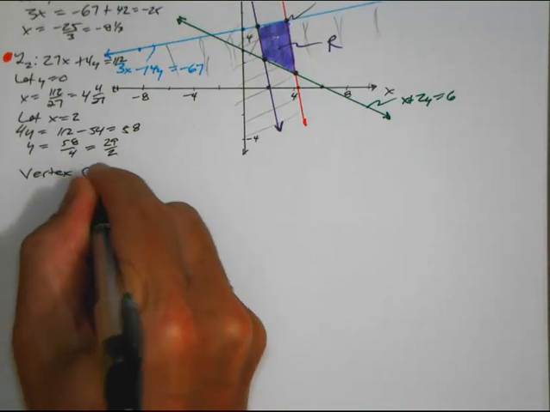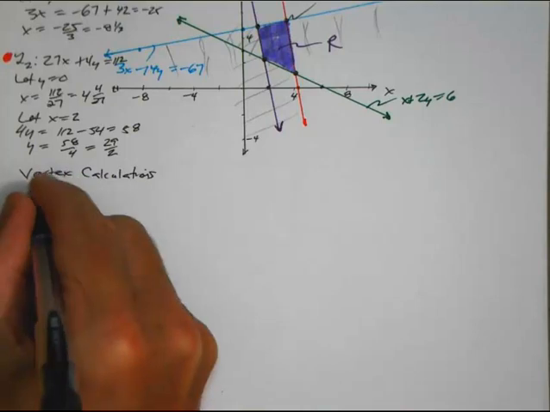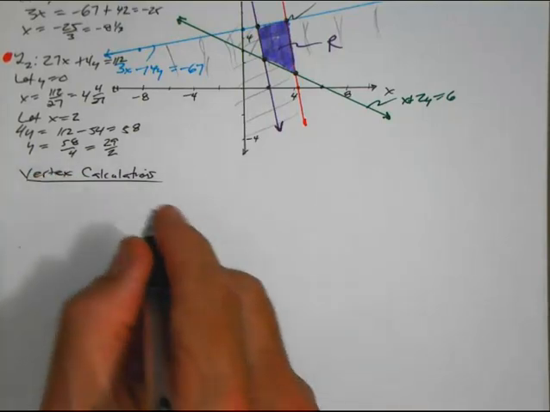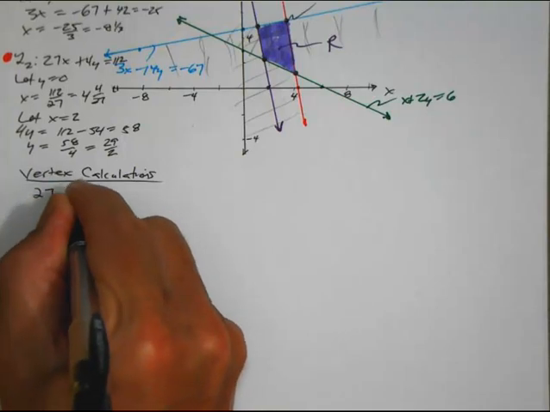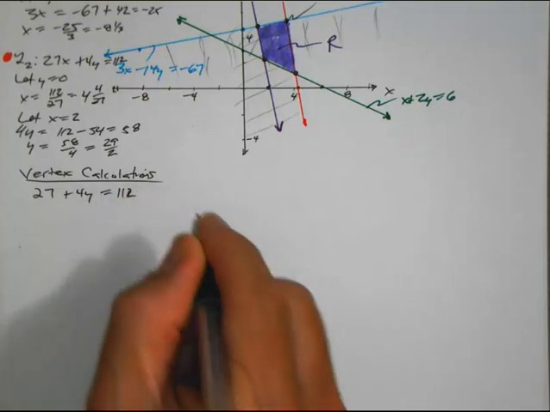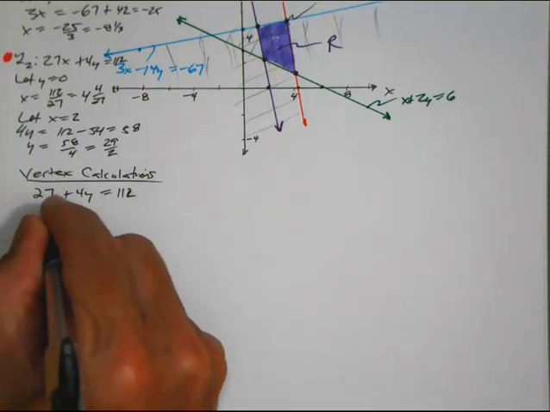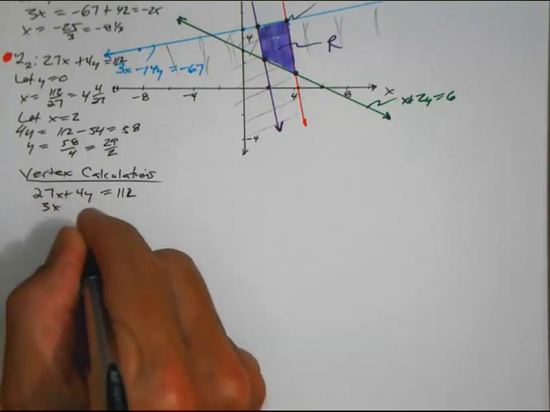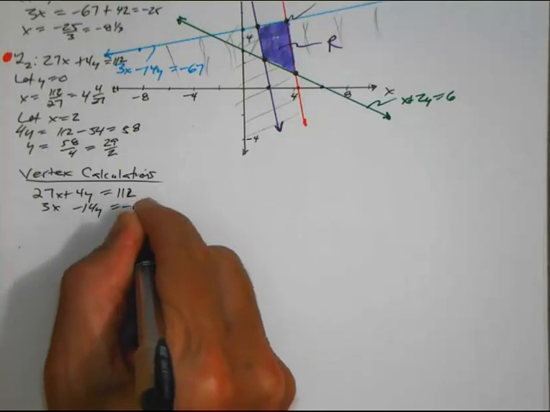Vertex calculations. Alright, we said the red line, that's 27x plus 4y equaling 112, and the light blue line, that's 3x minus 14y equaling negative 67.